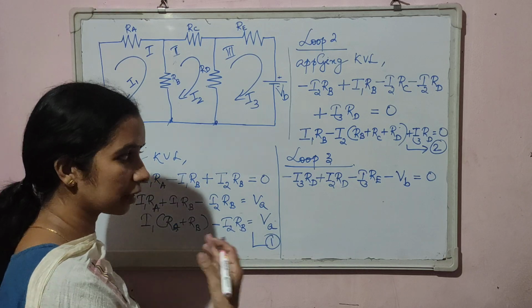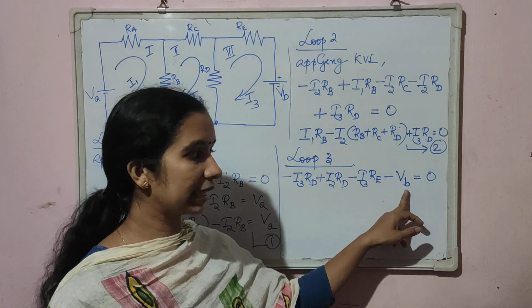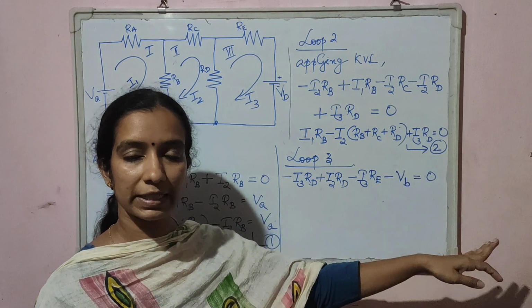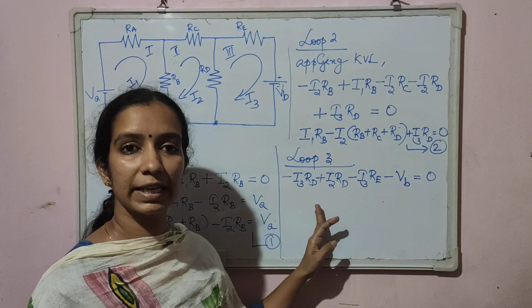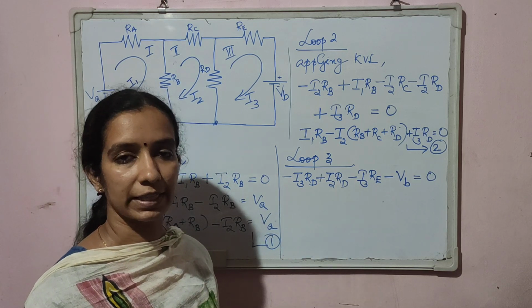Okay. So now rearrange the equation in such a way that voltage EMF term is on the right hand side and all the terms containing the unknown currents I1, I2 and I3 on the left hand side.